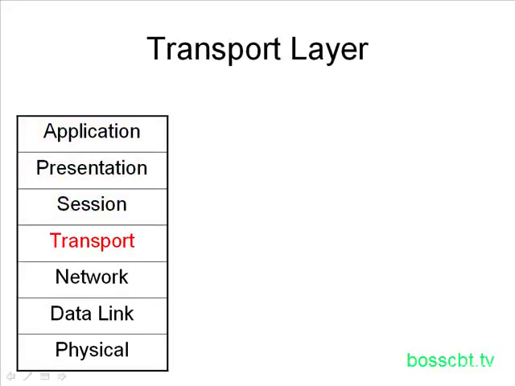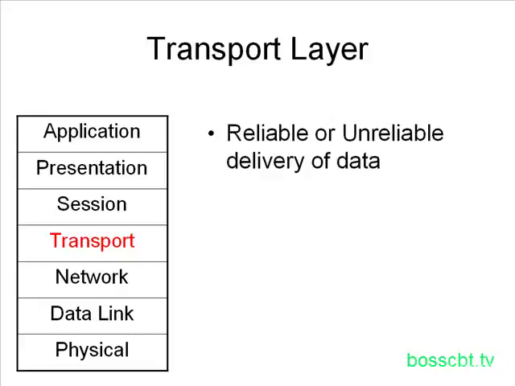Now, the transport layer was also discussed when we talked about the TCP/IP model. And there isn't really much difference between the OSI model and the TCP/IP model when we talk about the transport layer. So here we're talking about the reliable or the unreliable delivery of data.